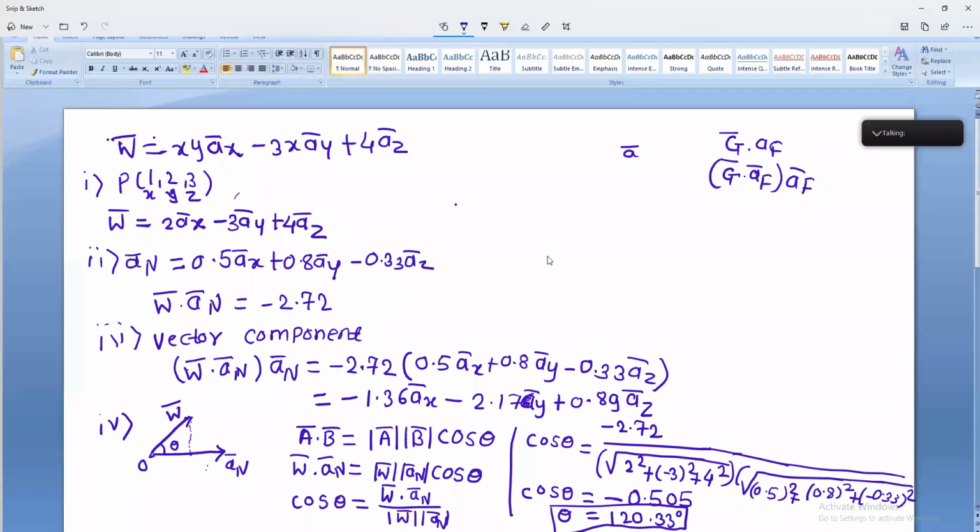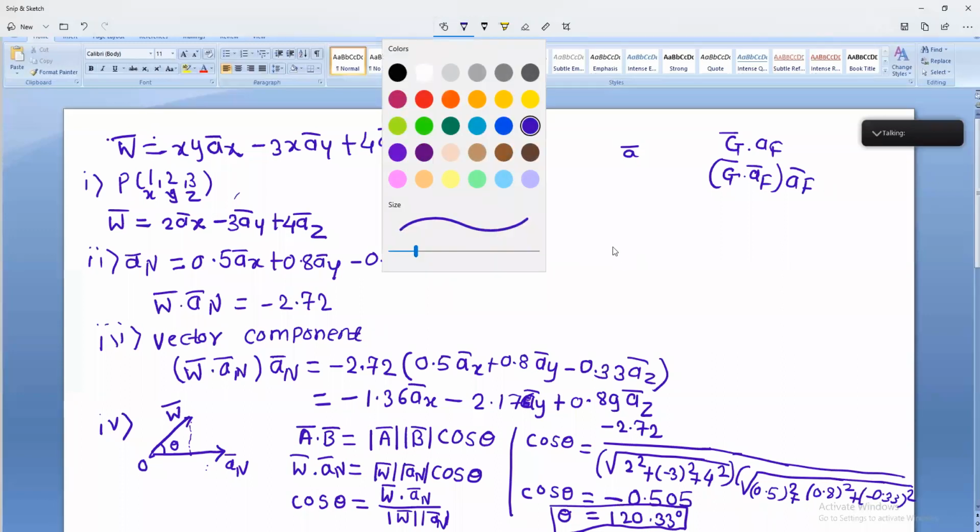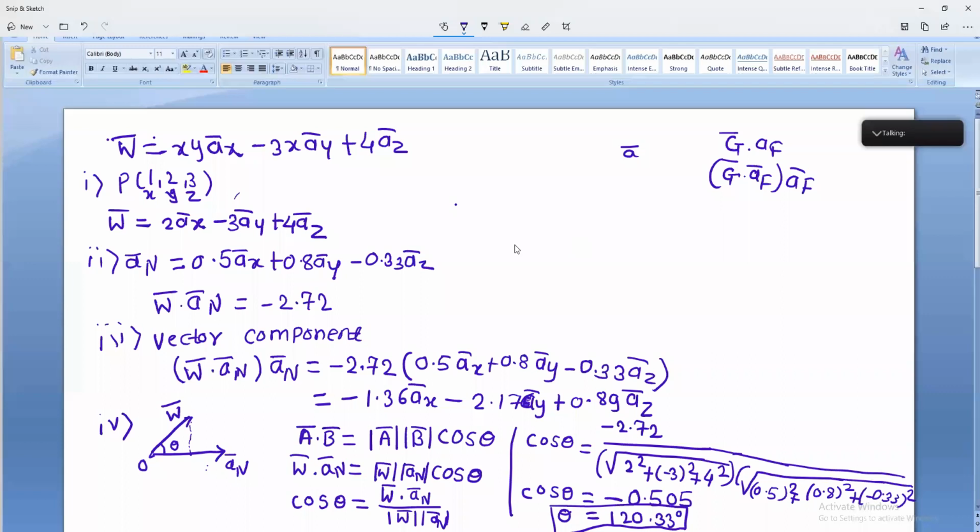Okay, so we have seen the scalar component and vector component. The definition of scalar component is g bar dot a bar f. Means if we are considering any vector which is projected on another vector, so if I consider this one as vector g bar and this as vector f bar, and the angle between these two vectors is theta.